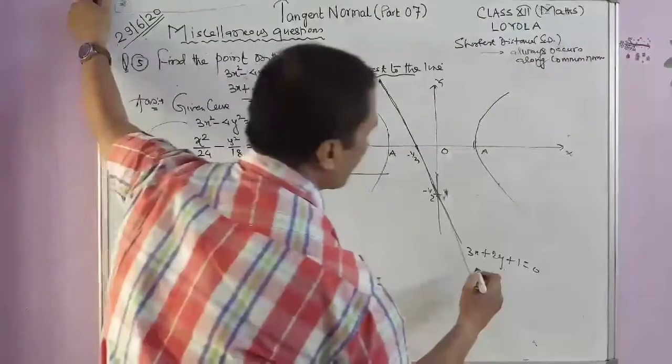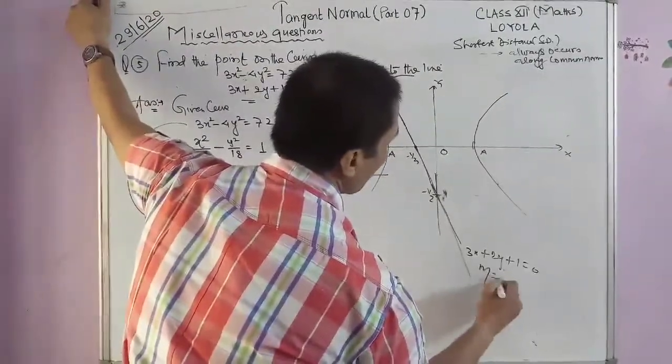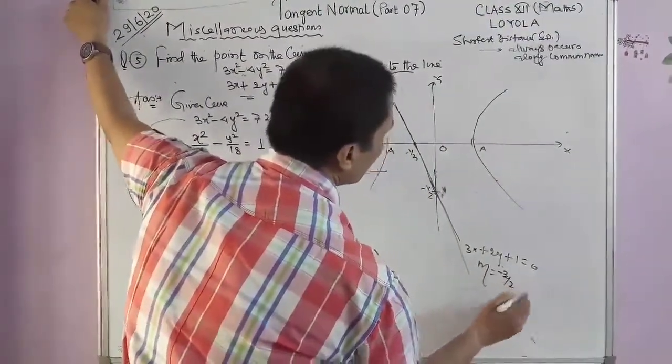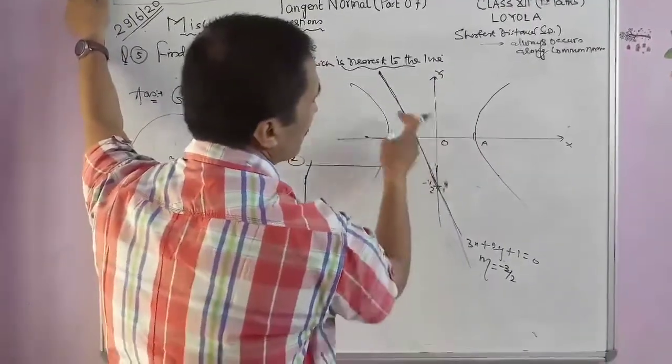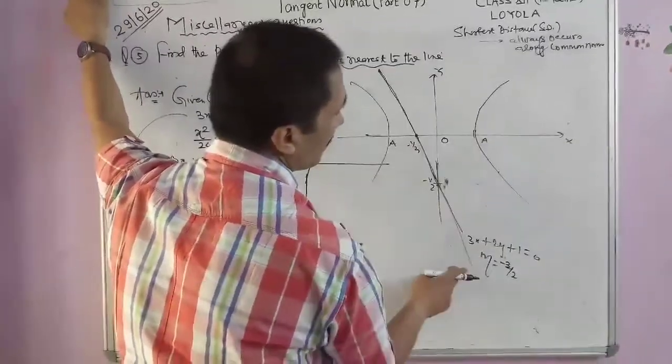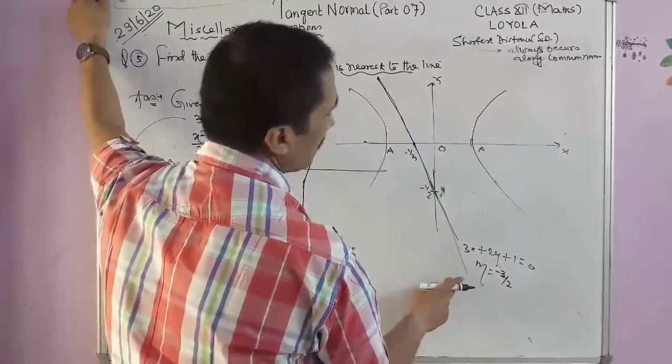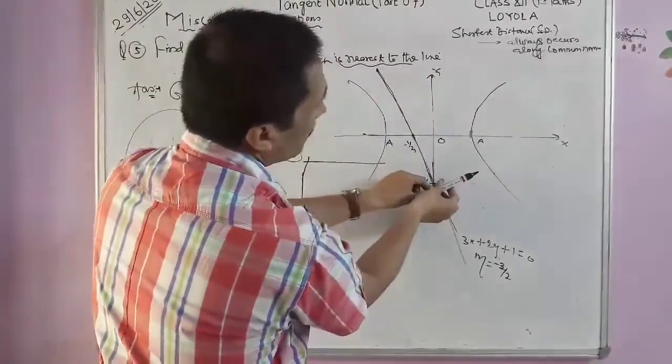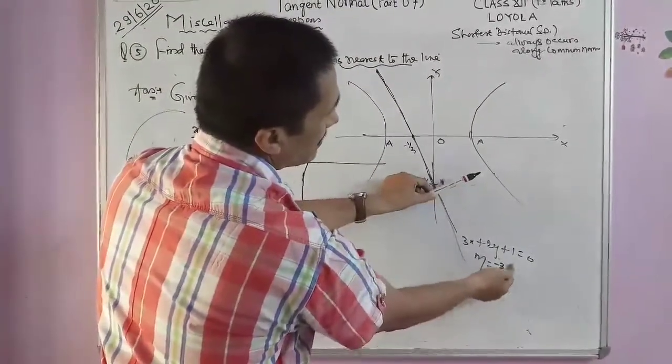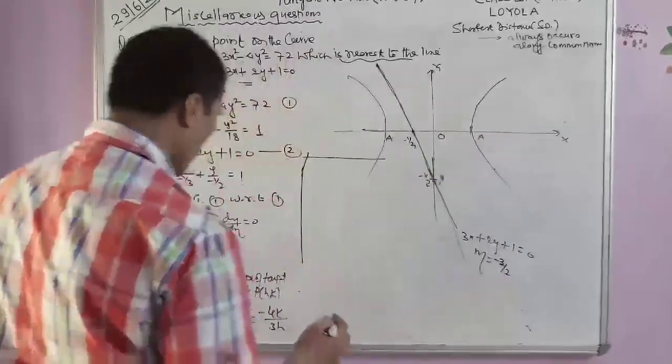Here the slope of this line is minus 3 by 2. So the slope of the perpendicular will be its negative reciprocal, 2 by 3.